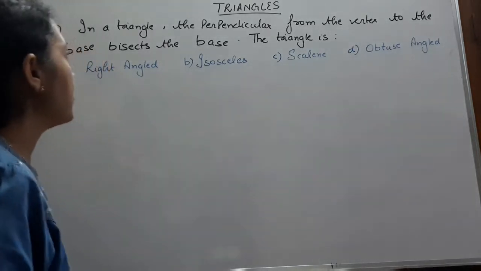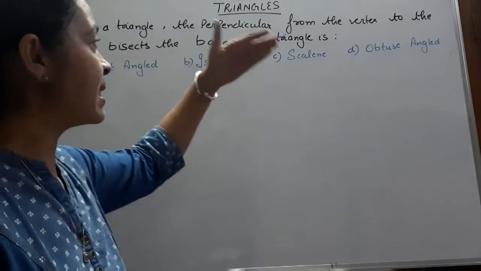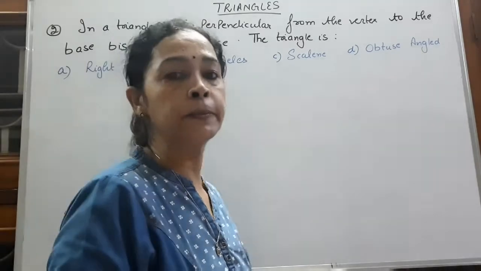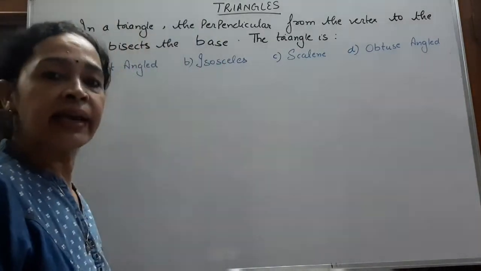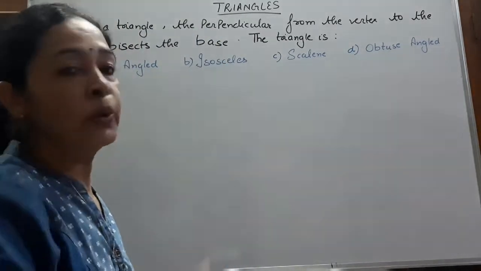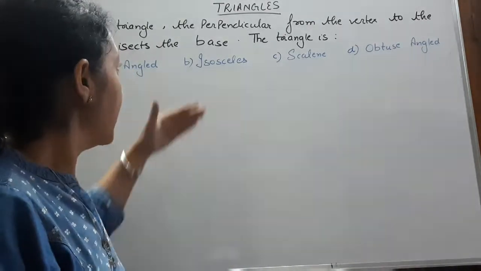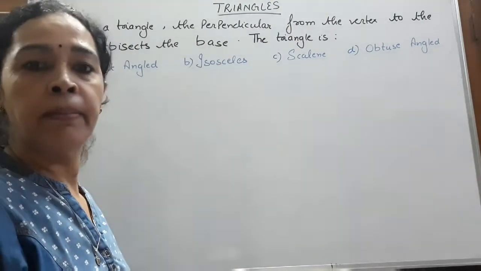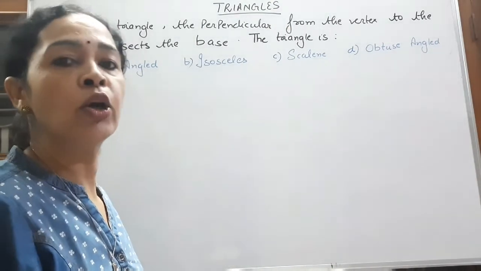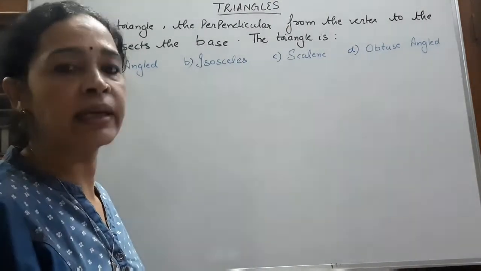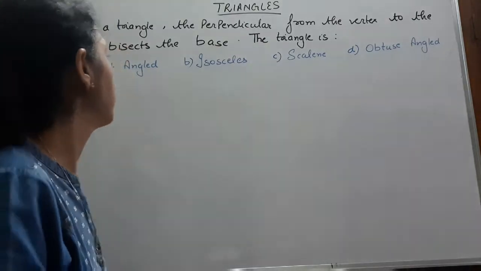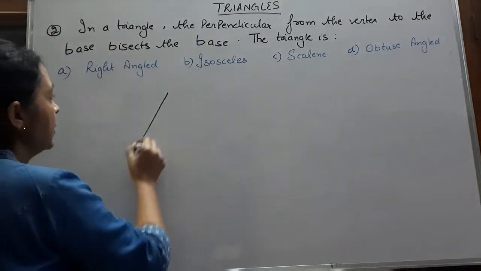Now, which type of triangle is this? Right angled, isosceles, scalene or obtuse angled? In a right angle triangle, one angle is 90. In an obtuse angle triangle, one angle is obtuse, means greater than 90. And isosceles and scalene, but we don't have any side or any angle, nothing is given. What will we do? Let's draw a triangle.